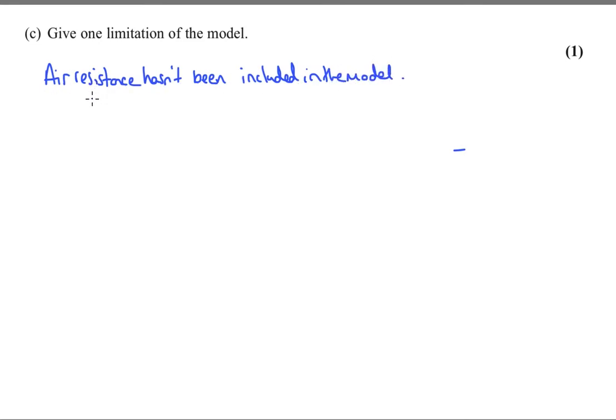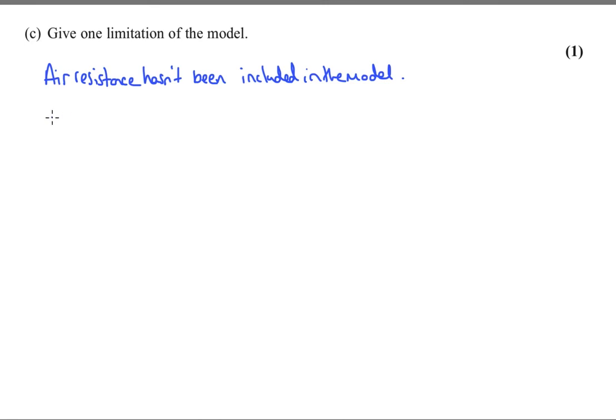Anytime you've got a ball flying through the air, or anything flying through the air, then we're not going to have air resistance in our questions. So that is always a good limitation to write about.